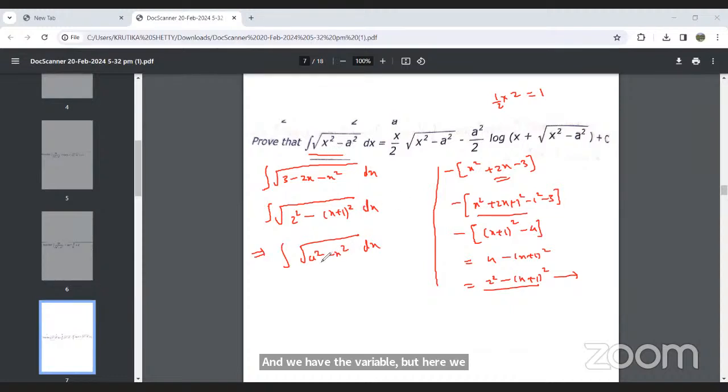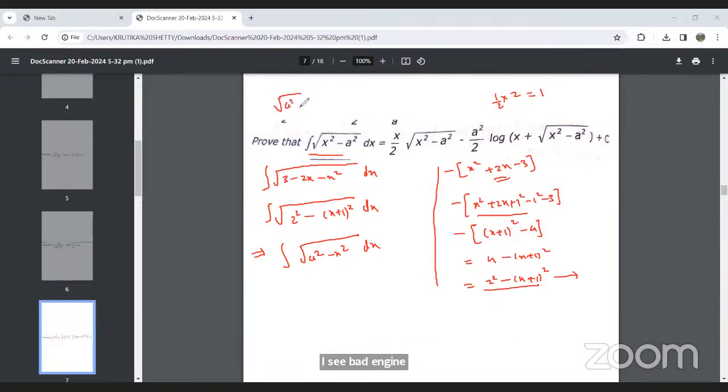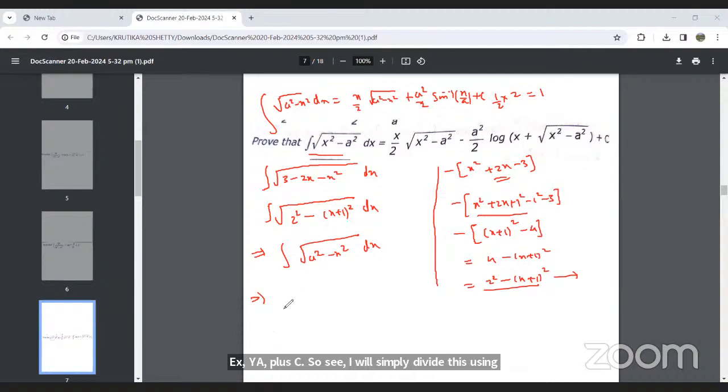So I will simplify this. Pay attention. The formula for integration of a square minus x square dx is equal to x by 2 root of a square minus x square, plus a square upon 2 sine inverse x by a, plus c. We will simplify this using the formula. In place of x we have x plus 1, so it will be x plus 1 upon 2 root of 3 minus 2x minus x square.